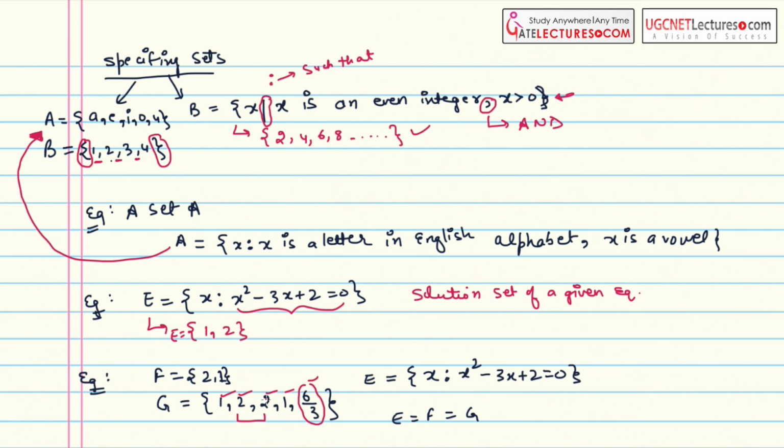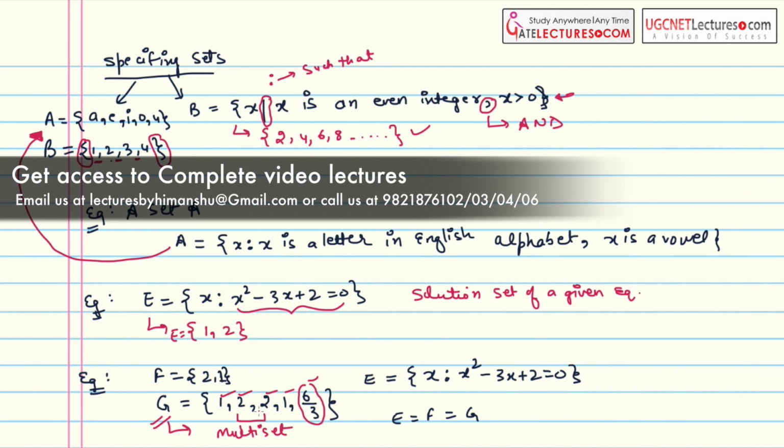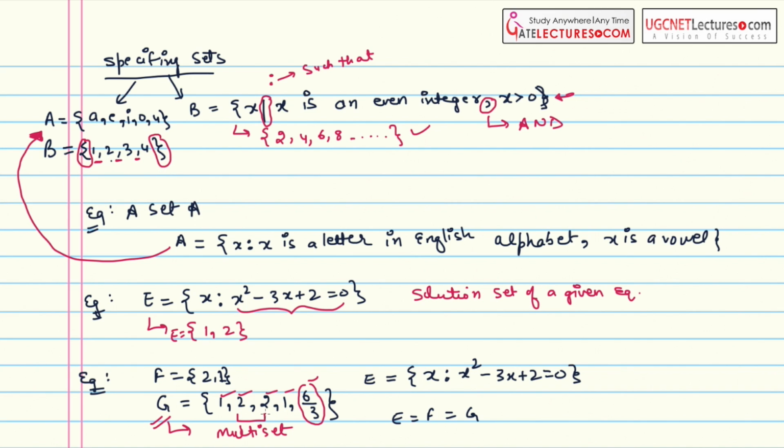A set remains the same if the elements are repeated or rearranged, and here G is also called a multiset. So even if we repeat the elements, it does not mean that we have these many elements. This set is still containing only 2 elements, which are 1 and 2.